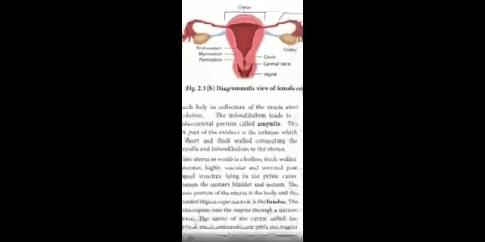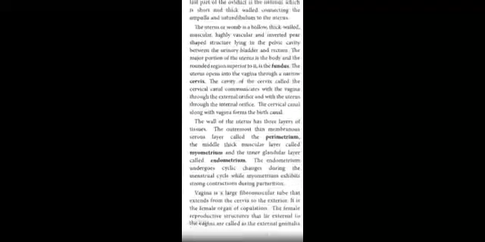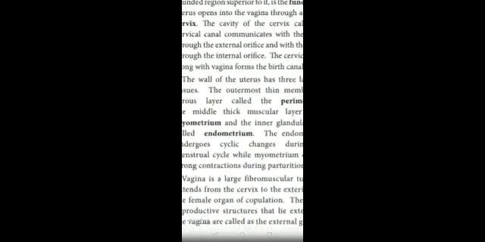Okay, the next one, we'll see the vagina. The vagina is a large fibromuscular tube that extends from the cervix to the exterior. It is the female organ of copulation.